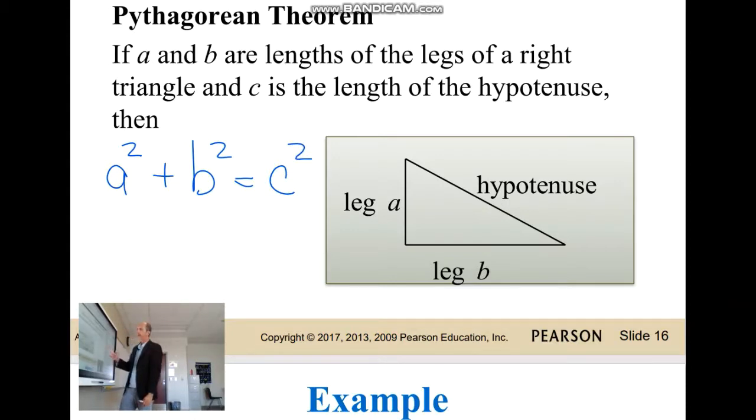The sum of the legs squared is equal to the hypotenuse squared. This is the usual way you're going to write the Pythagorean theorem.